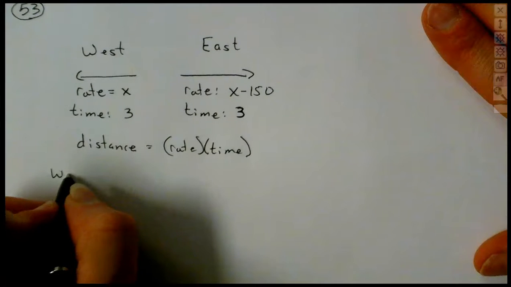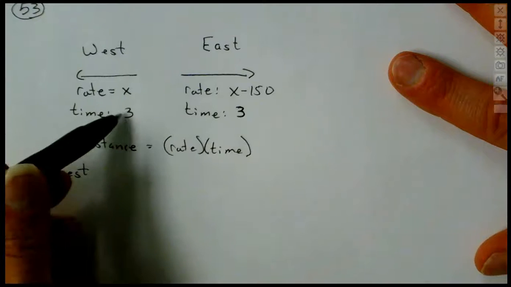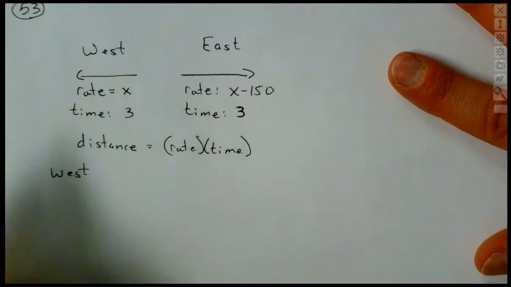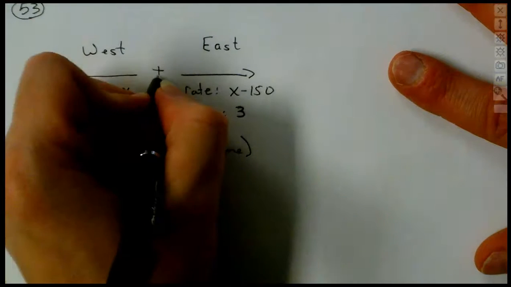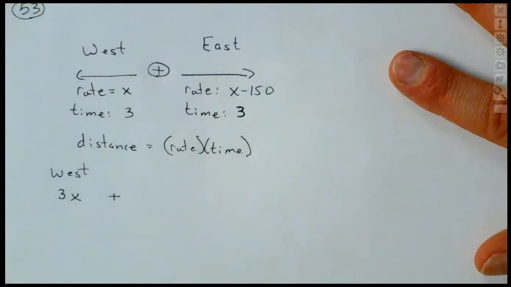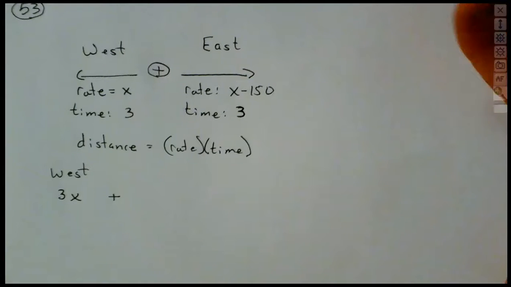We're looking at our western airplane. And that's again distance, rate times the time. So that's going to be 3x. By the way, these are not overlapping. They're going in opposite directions, so they add. The only time they ever subtract is when they overlap. These do not overlap, so they do not subtract.